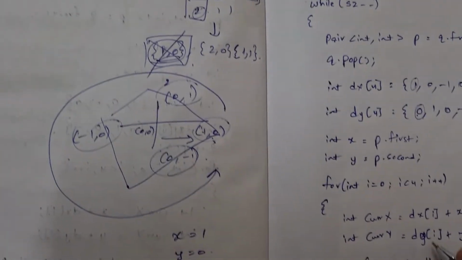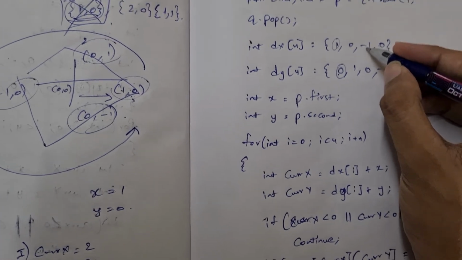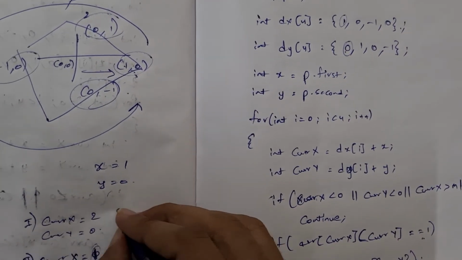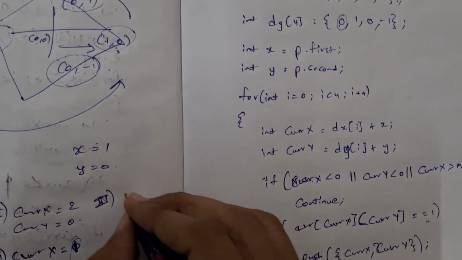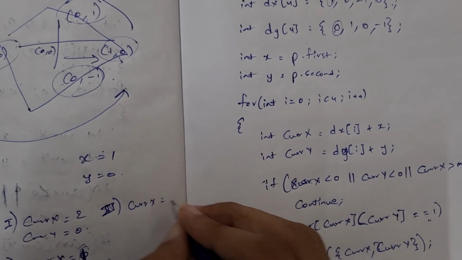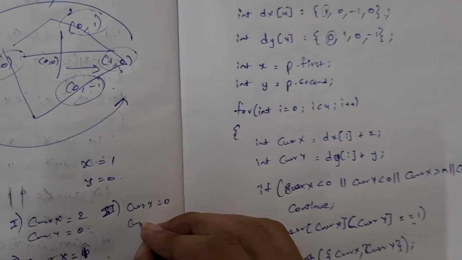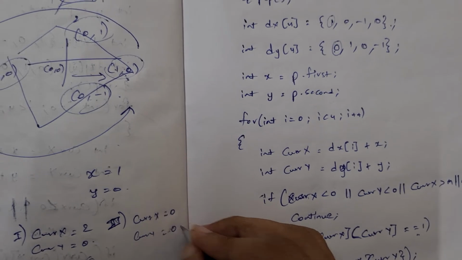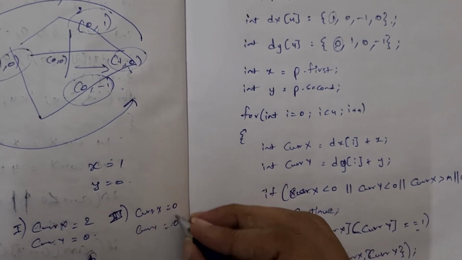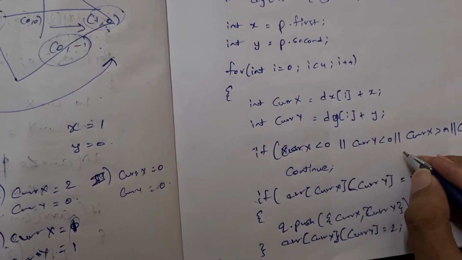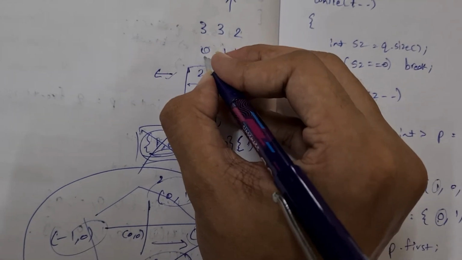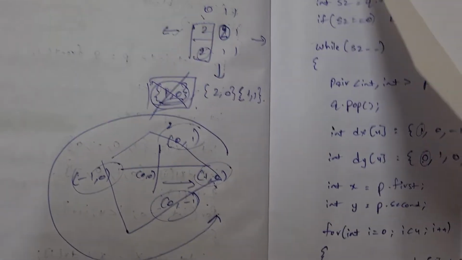And now with the next run, I have to check this -1 and 0. If I check this -1 and 0, then current x will be 0 and current y will be 0. So we have to check the element at 0 and 0, which is in the bounds, and hence I can go there. This is an empty element, so we don't have to do anything.